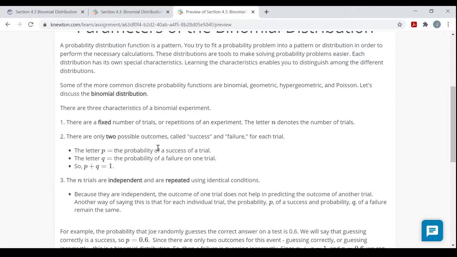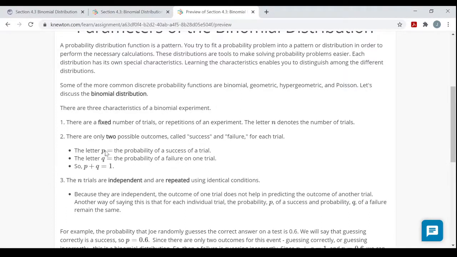Now some special notation, some letters you're going to come across. The lowercase p will represent the probability of a success on a single trial. So the probability of success on the first trial, the second trial, the third trial, and so on, but on a single trial. And the lowercase q will be the probability of a failure on one trial, or not success.